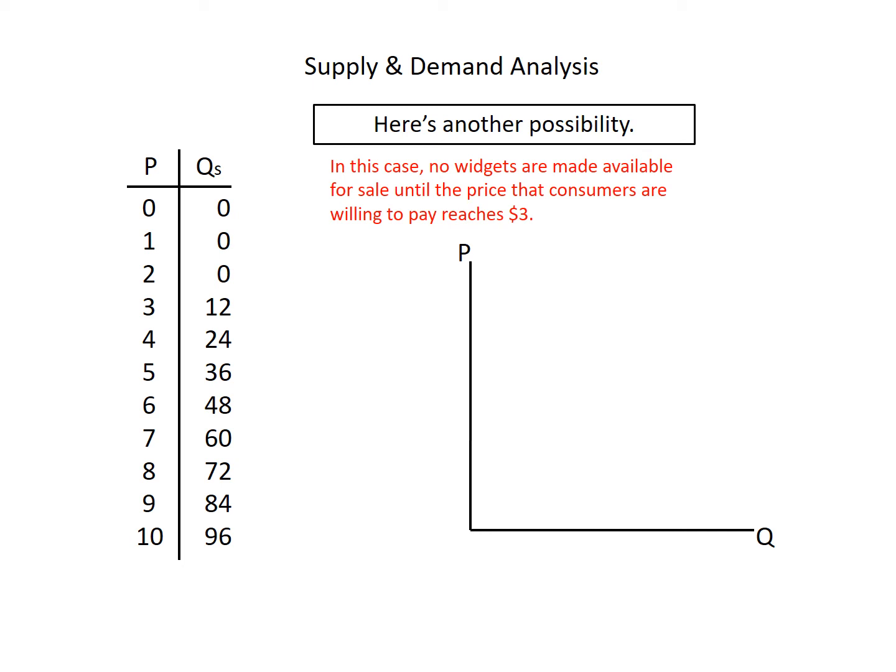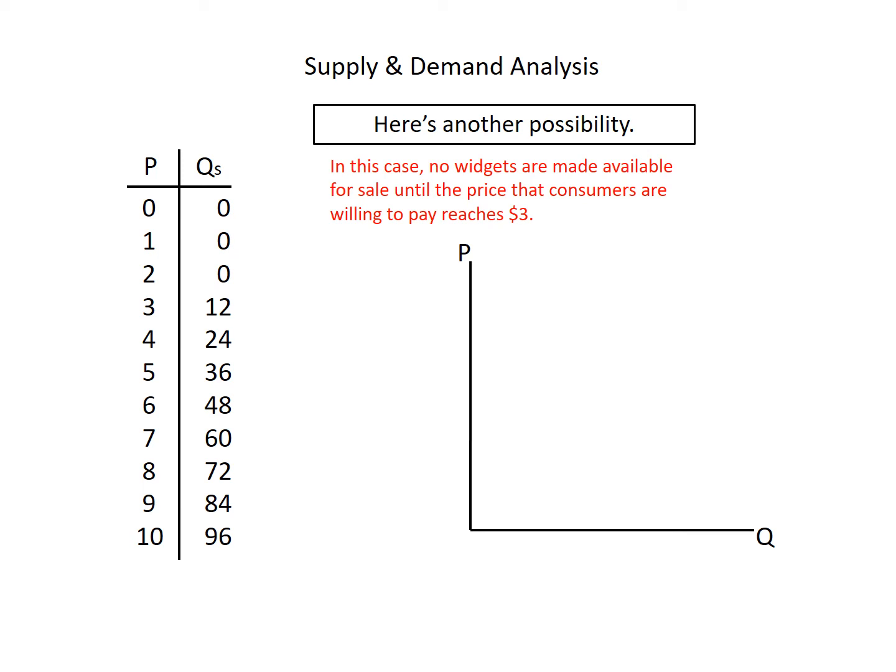This supply curve, where it intersects the price axis at a point greater than 0, is far more likely than the other two. In this case, there are no units made available for sale at $2 or below, because obviously the cost of production would be somewhere between $2 and $3 per unit.